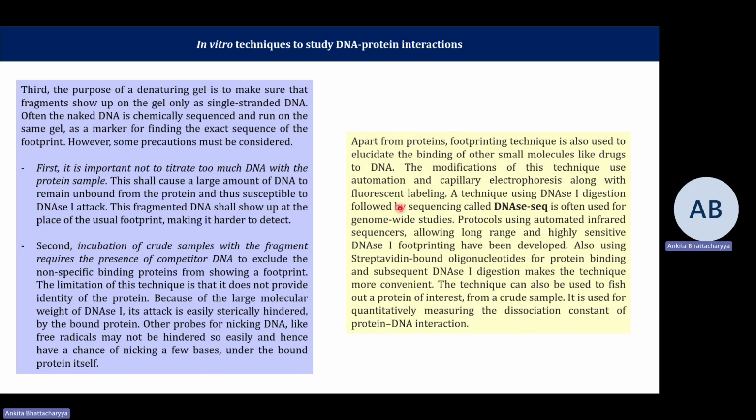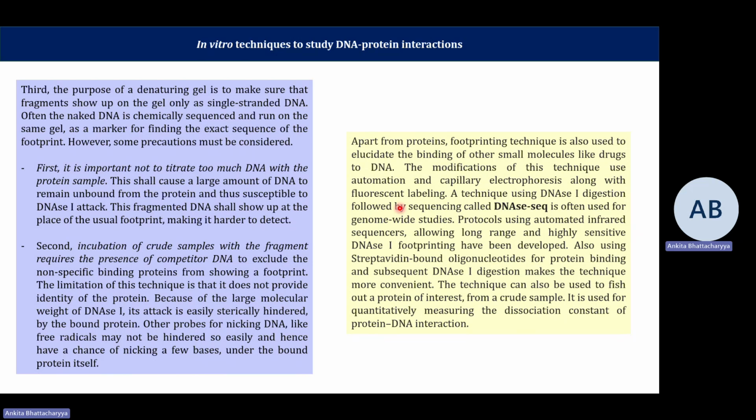Because of the large molecular weight of DNase-1, its attack gets hindered by the bound protein, and other probes for nicking DNA like free radicals might not be hindered so easily and hence might have a chance of nicking a few bases under the bound protein itself.